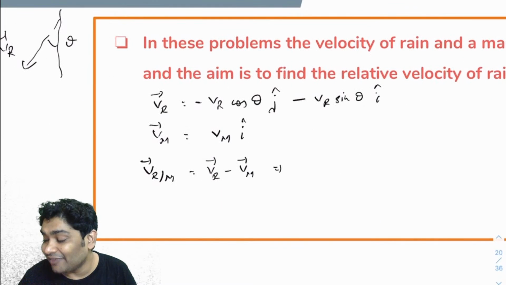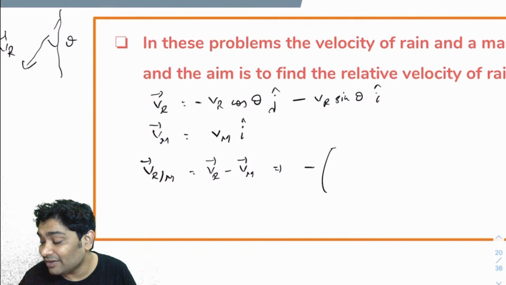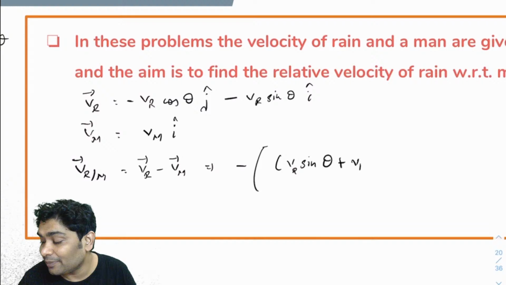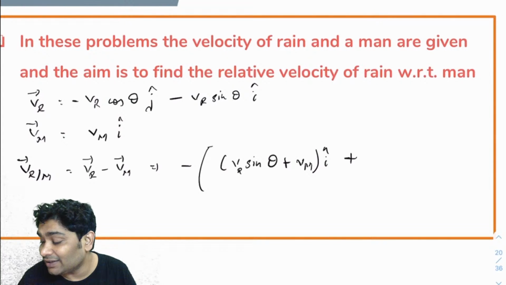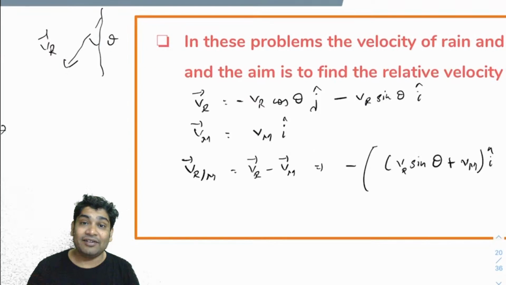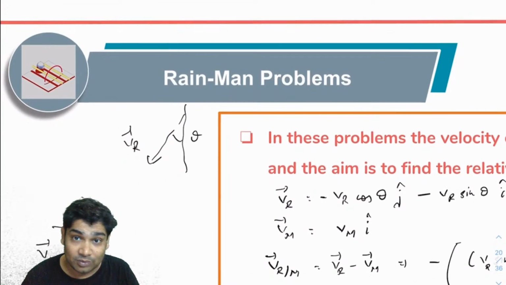So what will that give me? That will give me minus (Vr sin theta plus Vm) i cap, and plus Vr cos theta j cap. So that is how I will find the velocity of rain with respect to man.